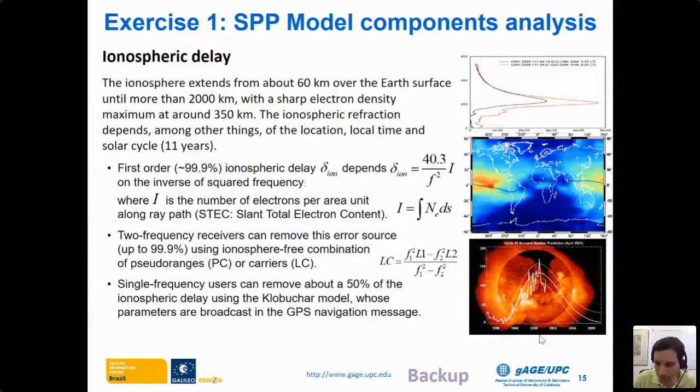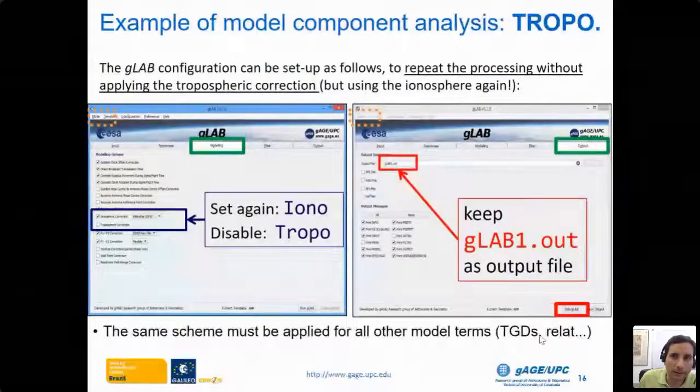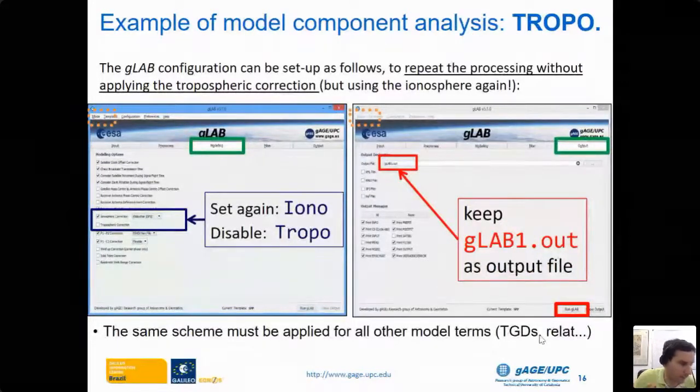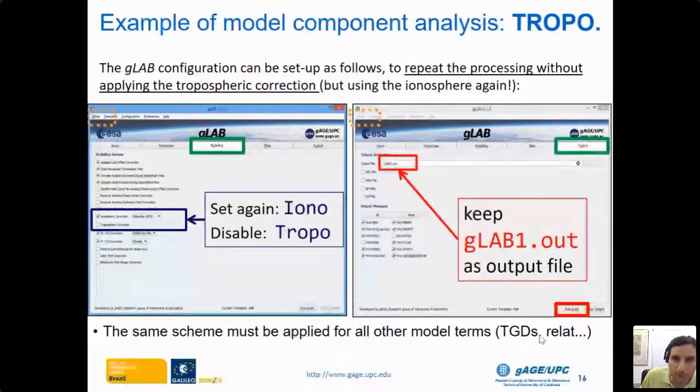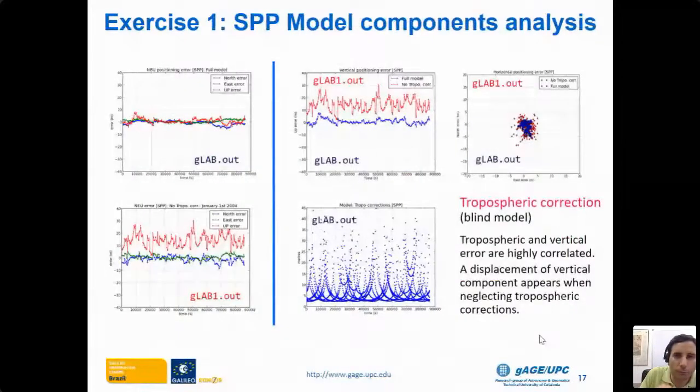Then you will see in the tutorial a lot of different exercises with the same idea. For example, I don't want to take more time. For the tropo, we would operate the same way and arrive at the summary.